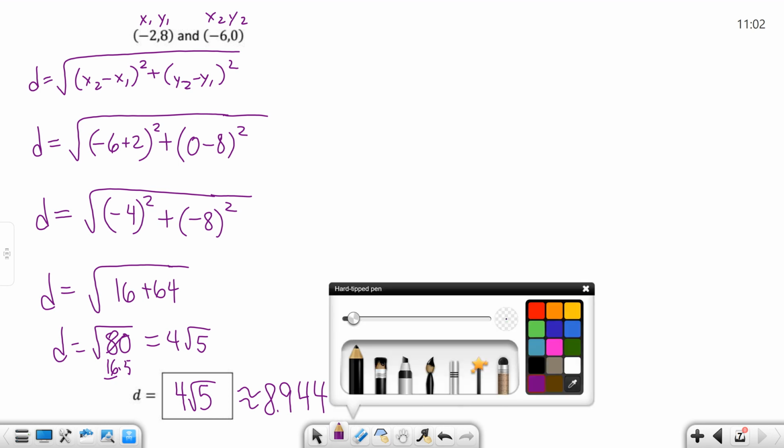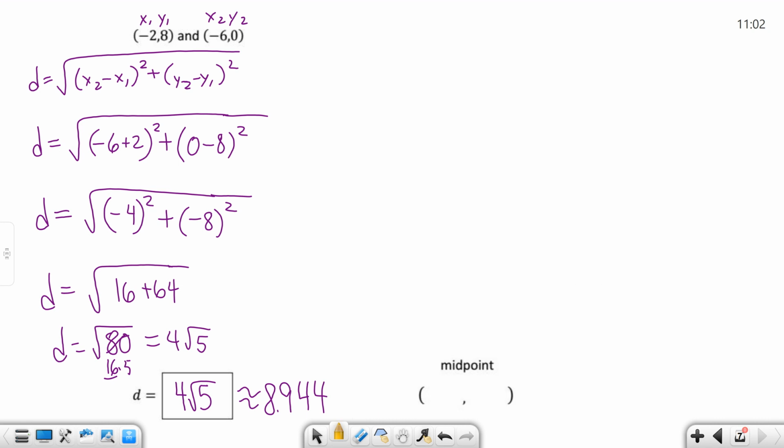So now let's go with the midpoint. The midpoint is going to be x1 plus x2 over 2, and then y1 plus y2 over 2. So x1 is -2, plus a -6 stays -6, right?